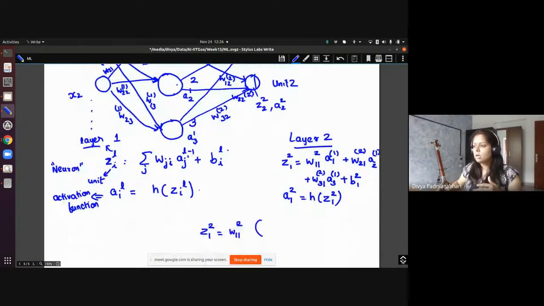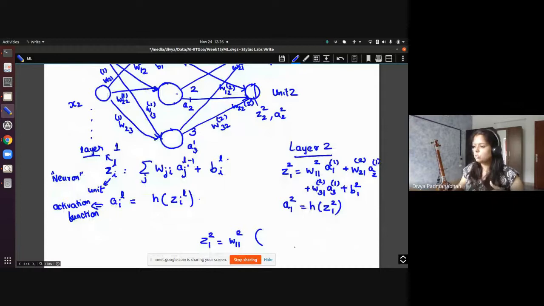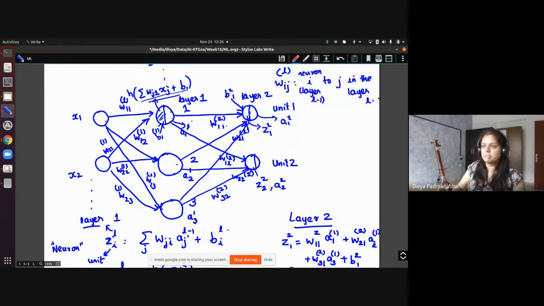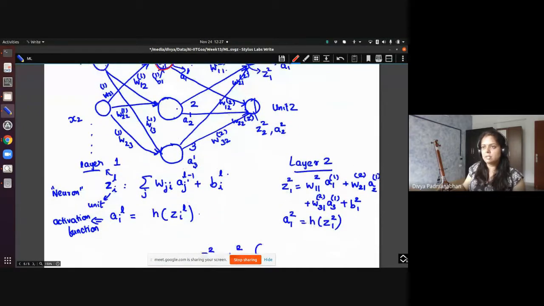All right, let's expand one more layer. Z12 was what we wrote in this manner. Now, if you plug in A11, the output from this neuron, the one in red, what would it give you? Can you tell me?